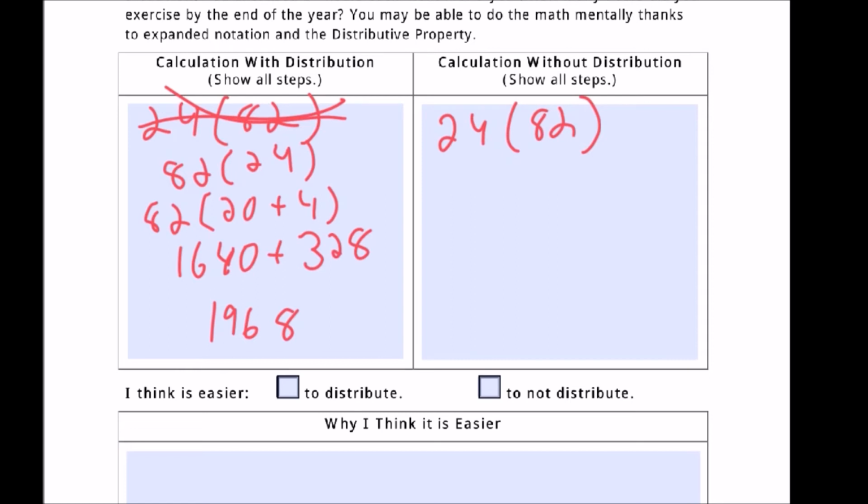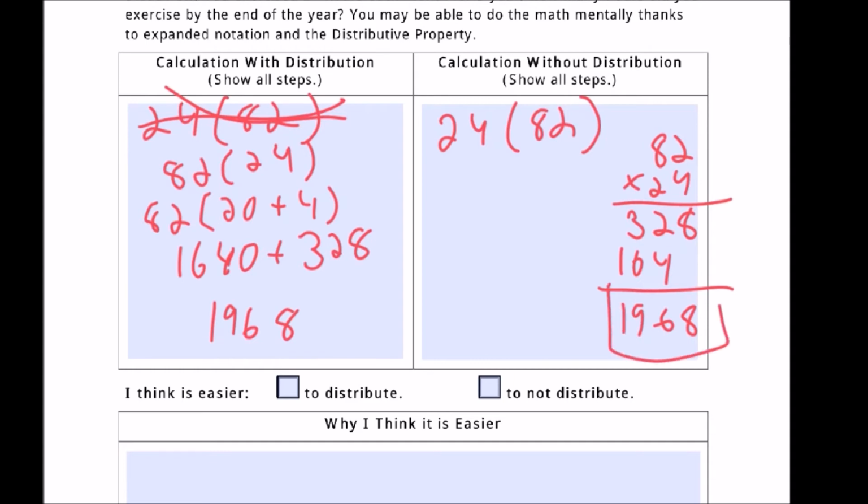If I don't do distribution, which means I don't do mental math on this, I'm just going to multiply. It really doesn't matter which one comes first, because you're just multiplying. 4 times 2 is 8, 8 times 4 is 32, 4, 16, so 1968. Got the same thing.